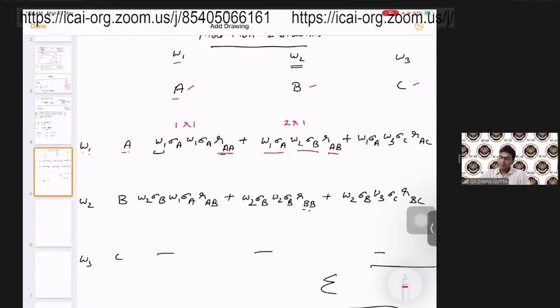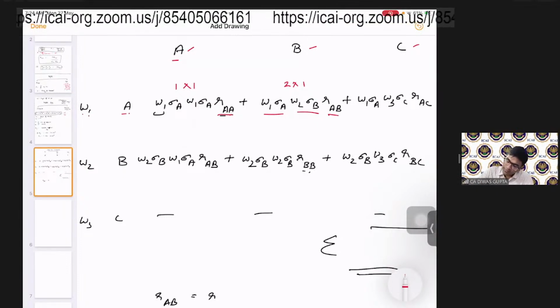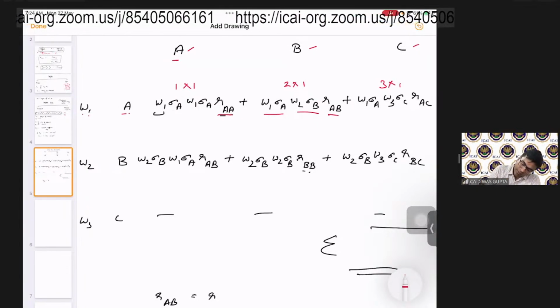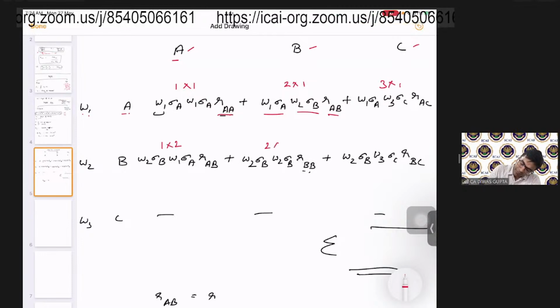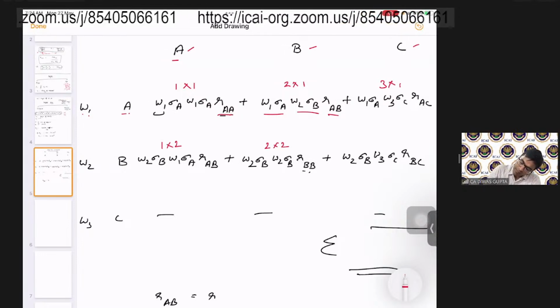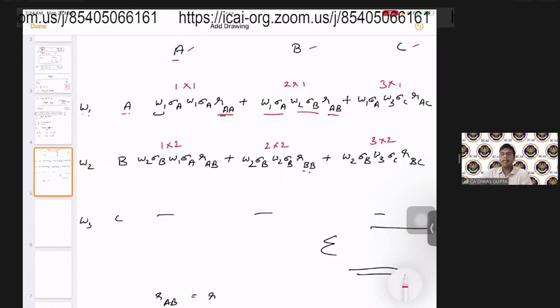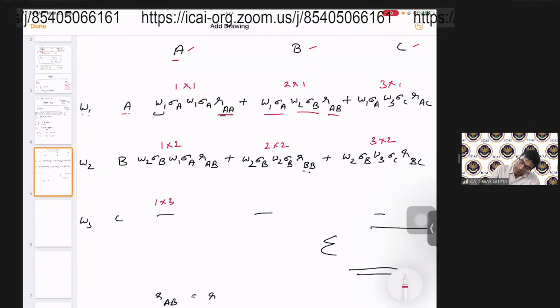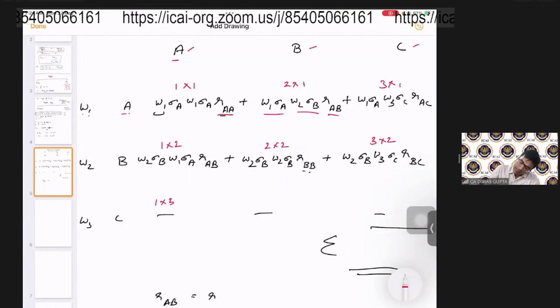Similarly, like this, which is 3 by 1. Here also it is 1 by 2, 2 by 2, and 3 by 2. So third row and second column. Here it will become 1 by 3, 2 by 3, and 3 by 3.